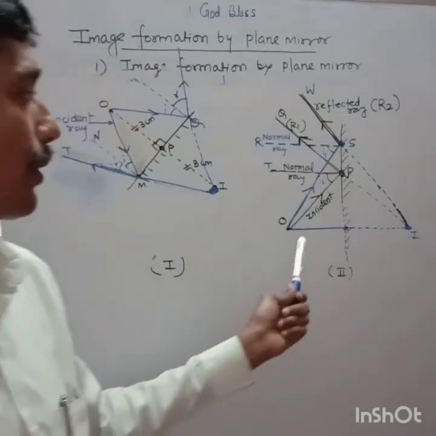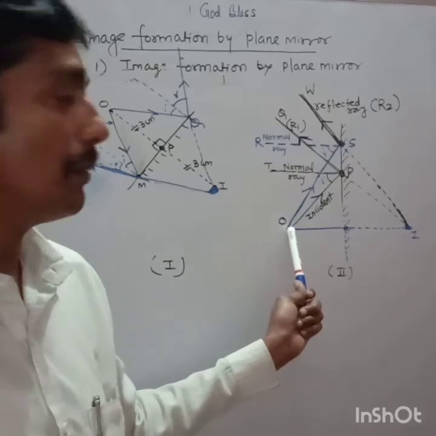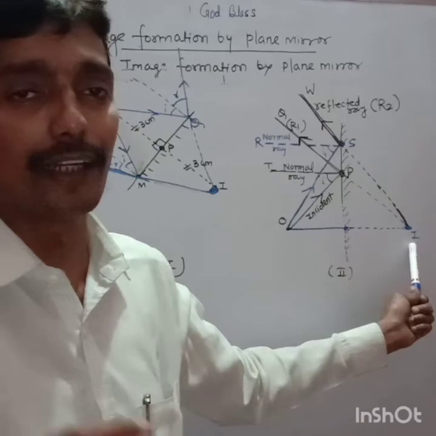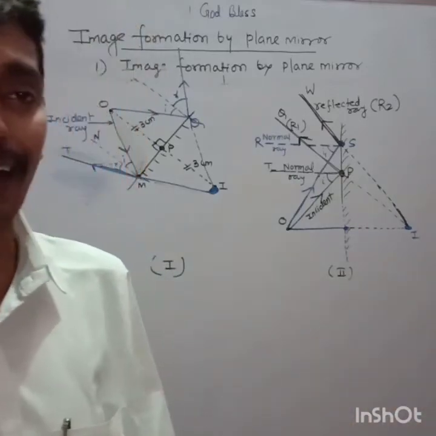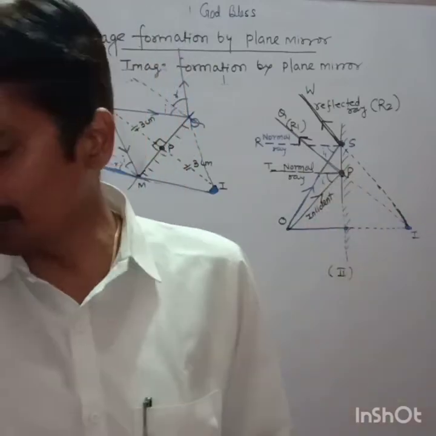So you can understand how the image will be formed by this object kept at point O inside the mirror at point I.